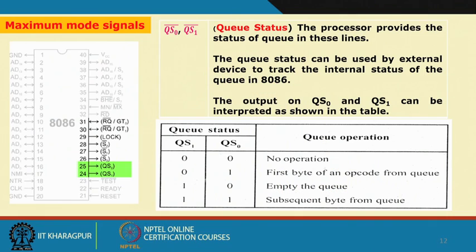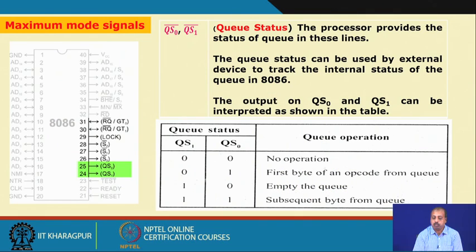When it is 00, there is no operation. Then 01, the first byte of an opcode is from the queue. Then 10, the queue is empty, and 11, the subsequent byte from the queue has to be read. So the processor provides the status of the queue on these lines.